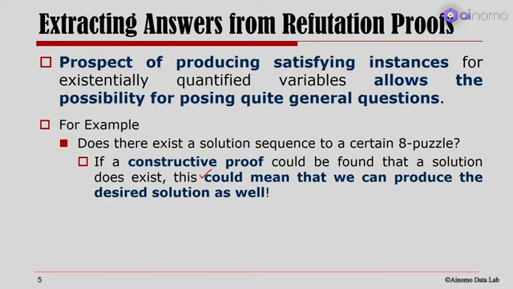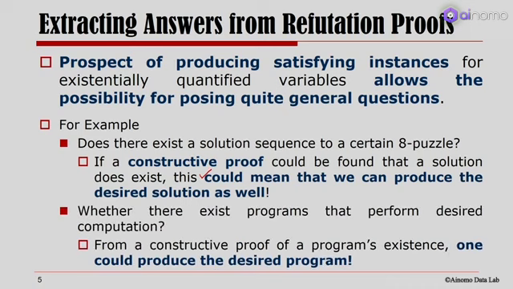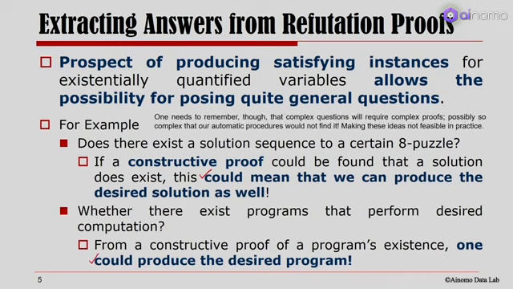Or it could even be stressed further to, I could ask whether there exist programs that perform desired computation. Now if I can have a constructive proof of a program's existence, then one could produce the desired program. One needs to understand though that complex questions will in the first place require very complex proofs, possibly so complex that our automatic procedures that we have in place would not find a proof in the first place.